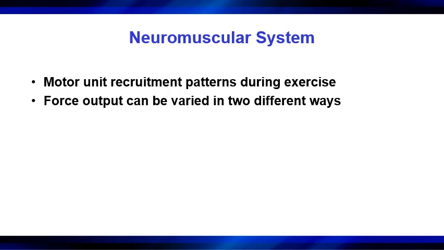Okay, so two ways it can vary. We can vary our force output. We could change the frequency. If you remember going back to that chart, right? As the frequency of stimulation went up, what happened to the amount of force? It went up. Or we change the number of activated motor units.